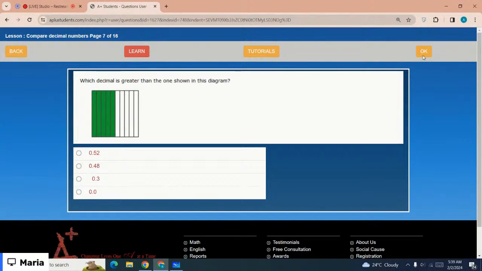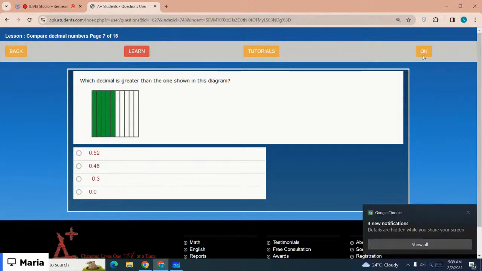So the one that is greater than 0.5 is 0.52. 0.48 is less than 0.5. It must be 0.52. Option number 1 is the correct option, right?